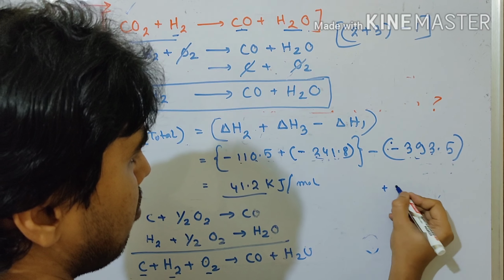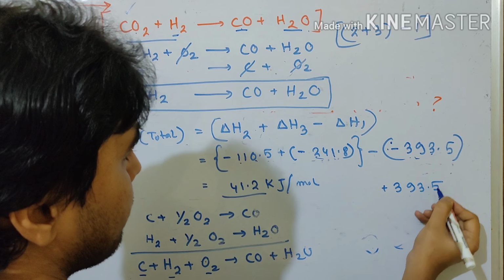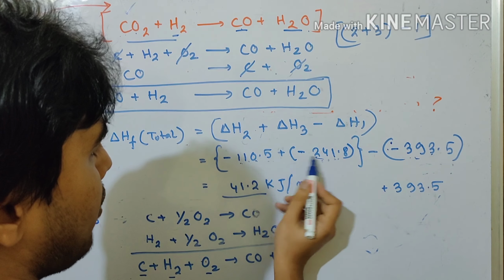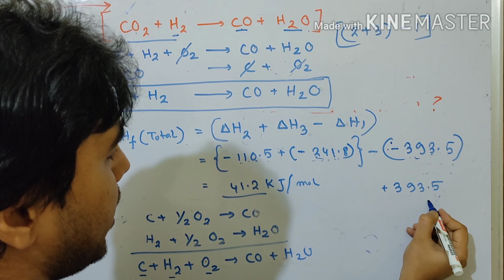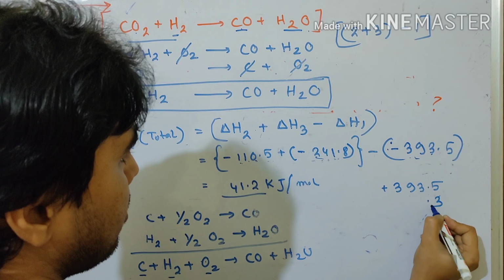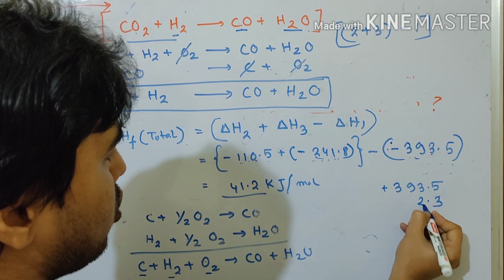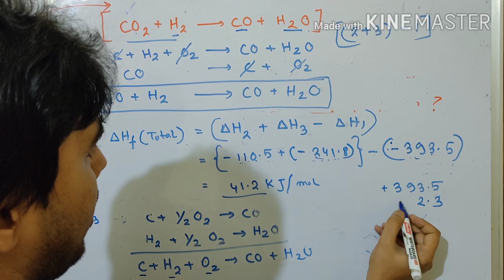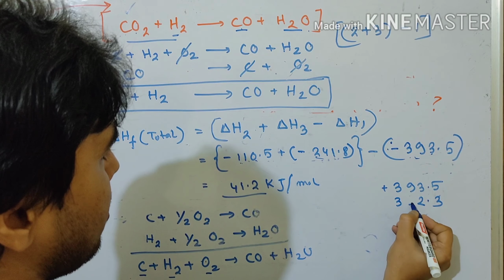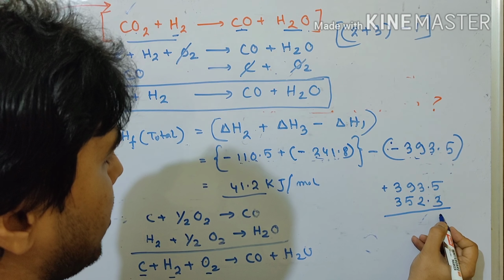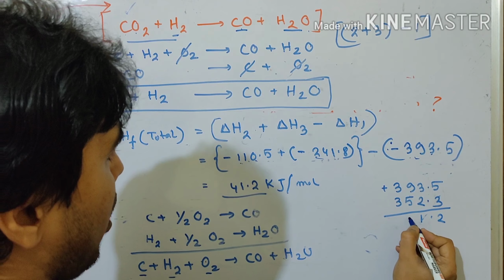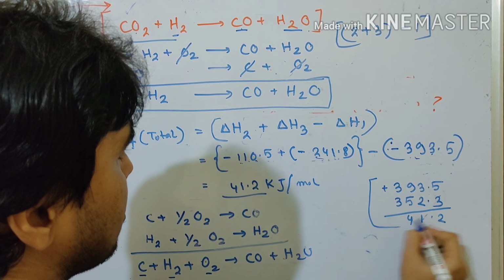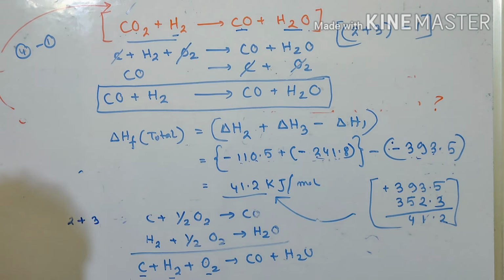It is plus 393.5, and here it is 110 and 241, so you will be getting 352.3, so it becomes 41.2. So that is the answer. This is how it is to be calculated. I hope it is clear, and similar problems you are supposed to solve.